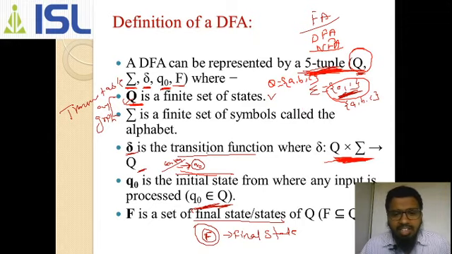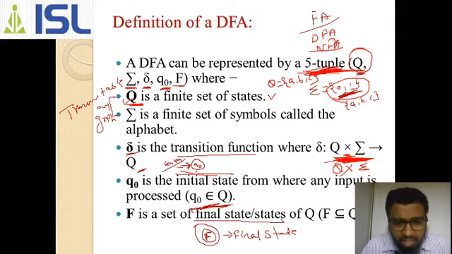Delta is a transition function, delta: Q cross sigma. Q0 is the initial state from where any input is processed. Q0 belongs to capital Q.